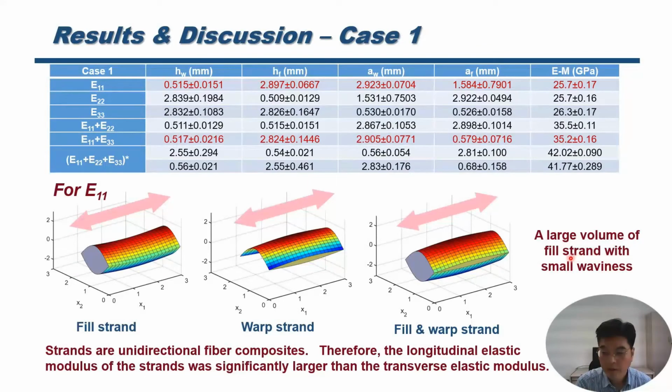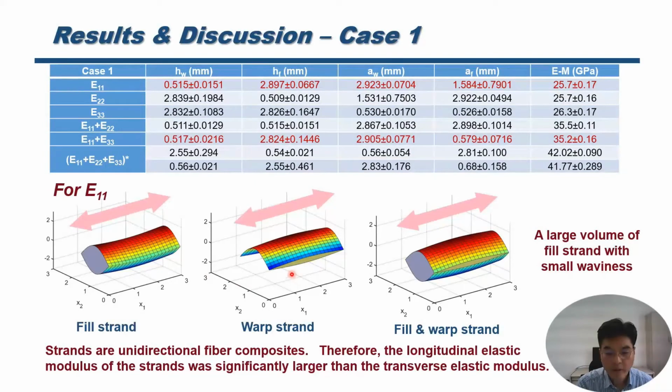And also, you don't want to have large waviness, because if you have large waviness with the fill strand, then that will reduce the values of E11. So you better have a small waviness of fill strand, so that you can have this structure of a fill strand.